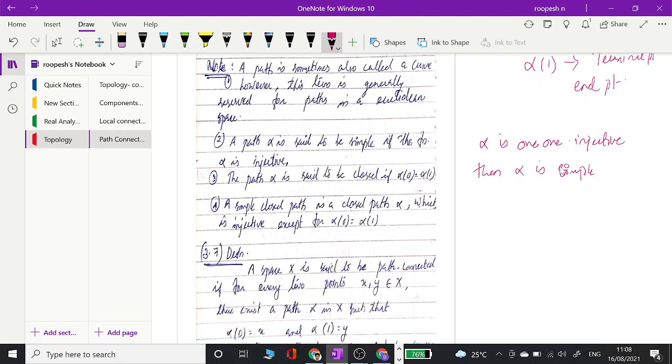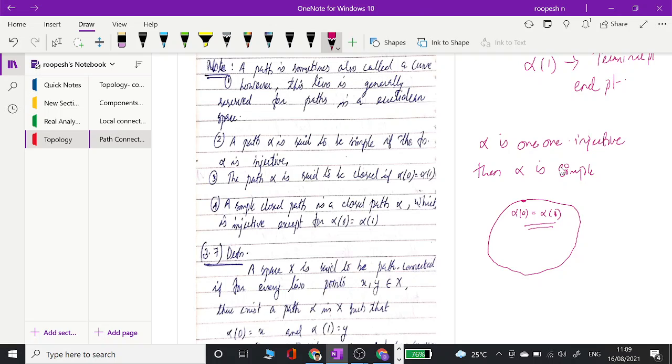Now a closed path means alpha should start and end at the same point. We have said that the initial point is alpha of 0, and that should be the same as the endpoint, alpha of 1. So whenever alpha of 1 equals alpha of 0, we say that this path is closed.